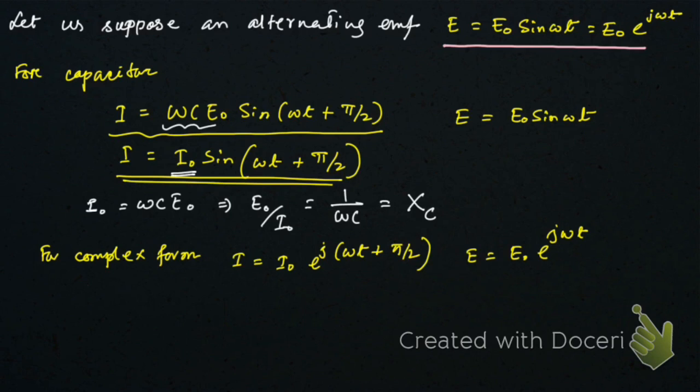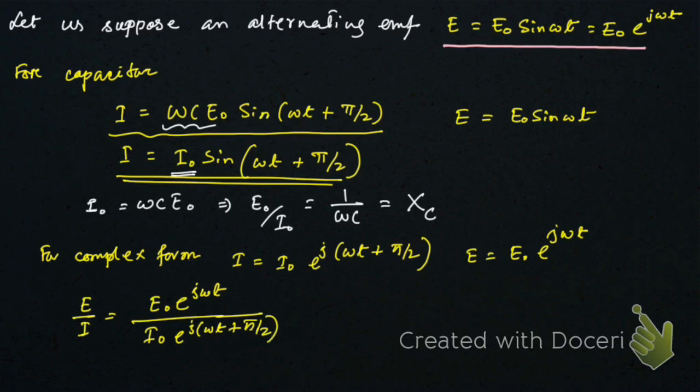So now our capacitive reactance, that is E by I, will be given by E naught e to the power j omega t by I naught e to the power j omega t plus pi by 2.